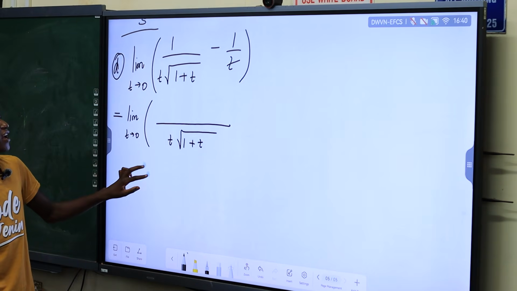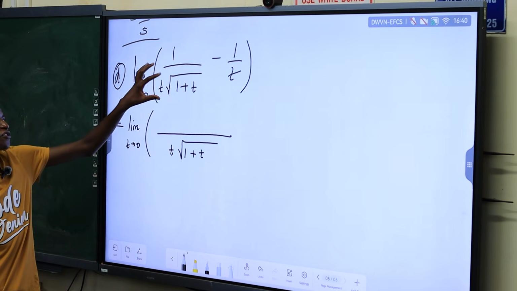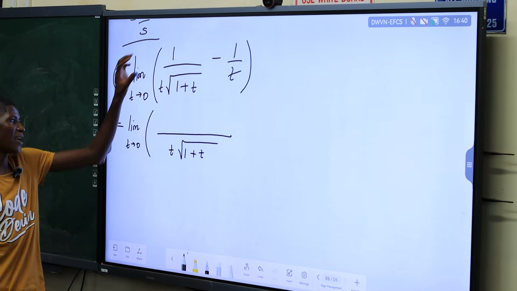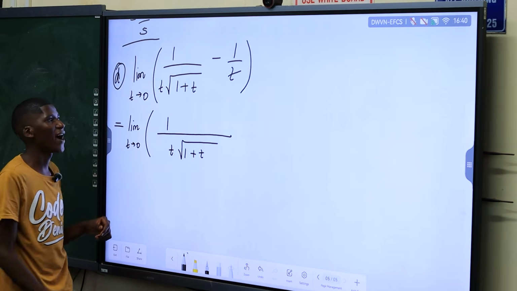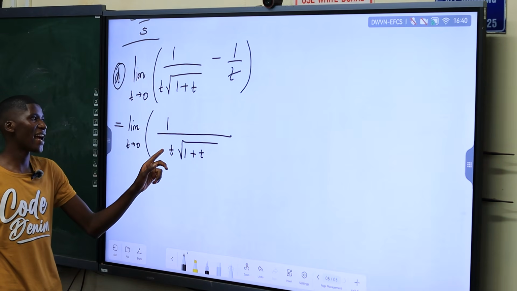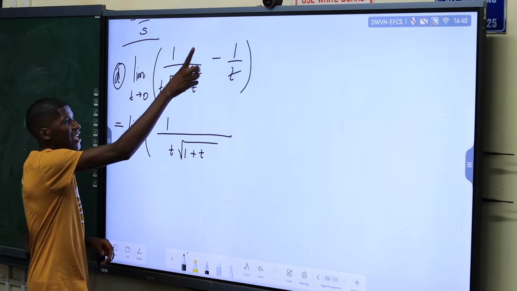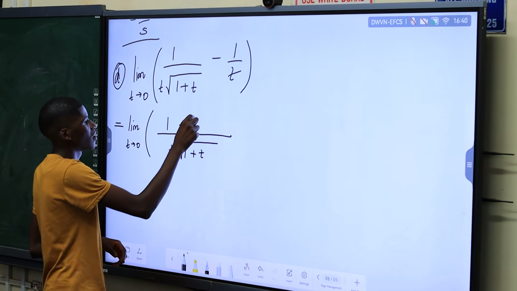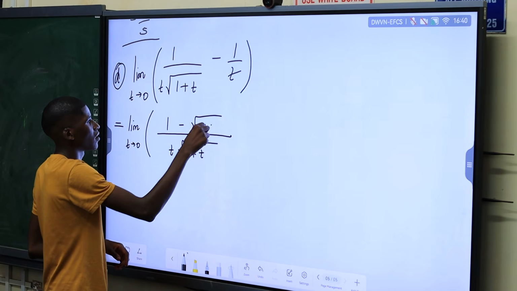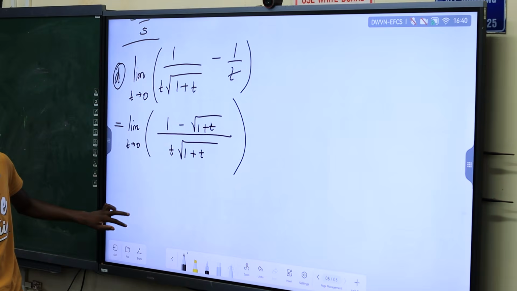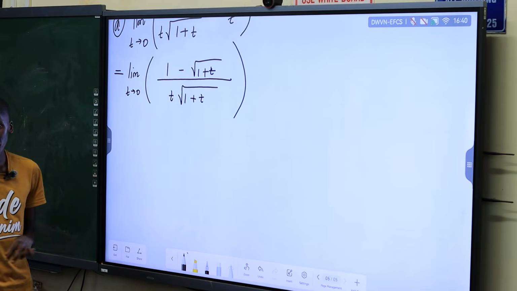The factor it is missing, we multiply it. 1 times that will give us 1. Then the other one times the square root of 1 plus t, then times minus 1 plus t, right?